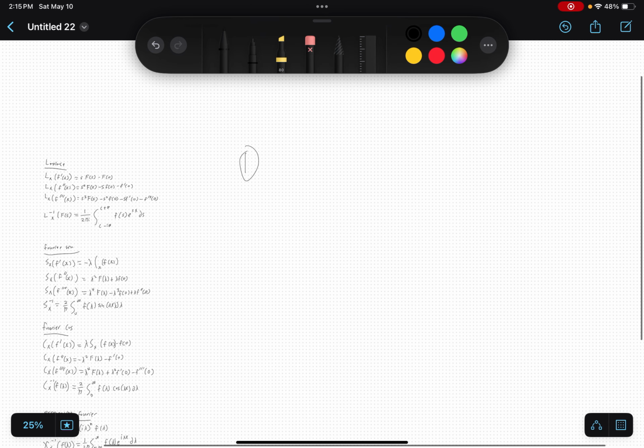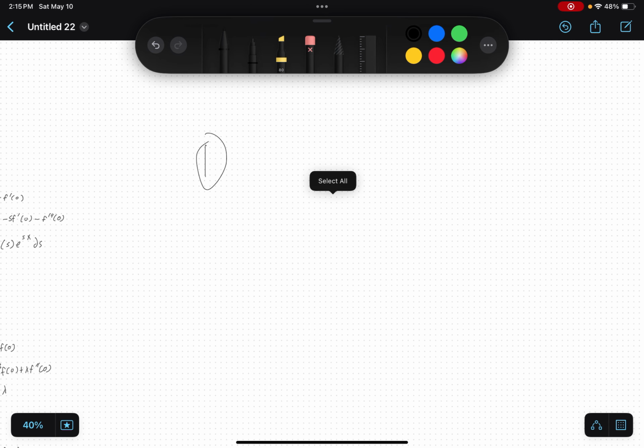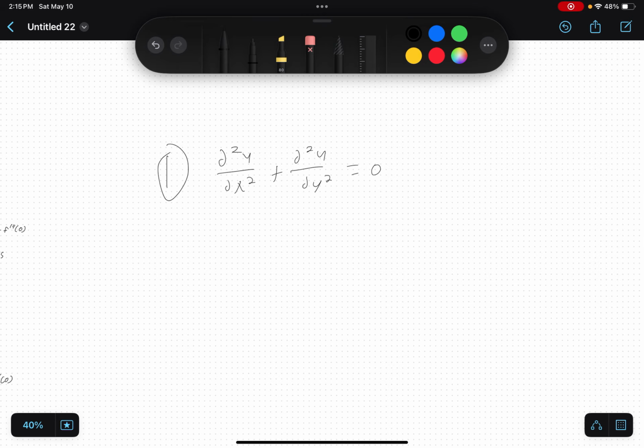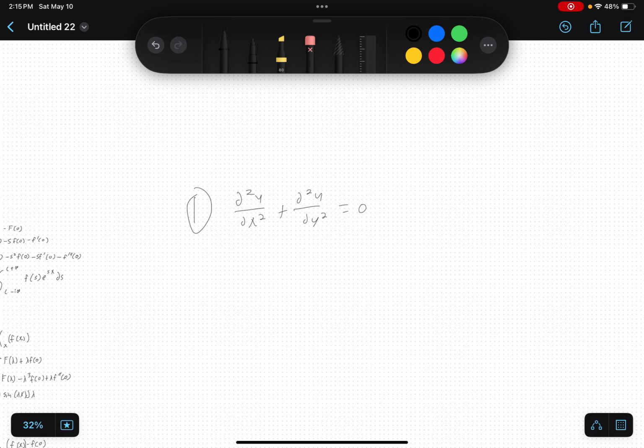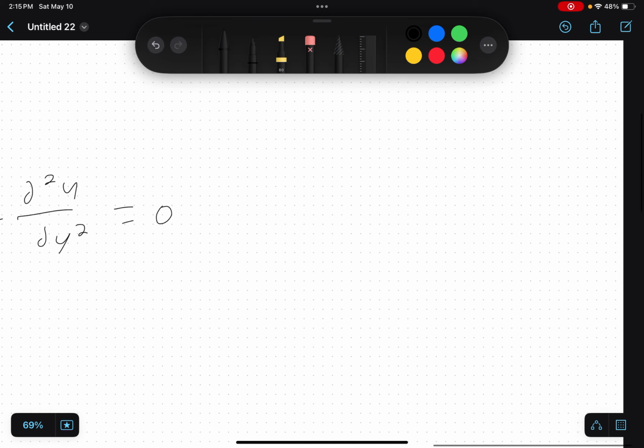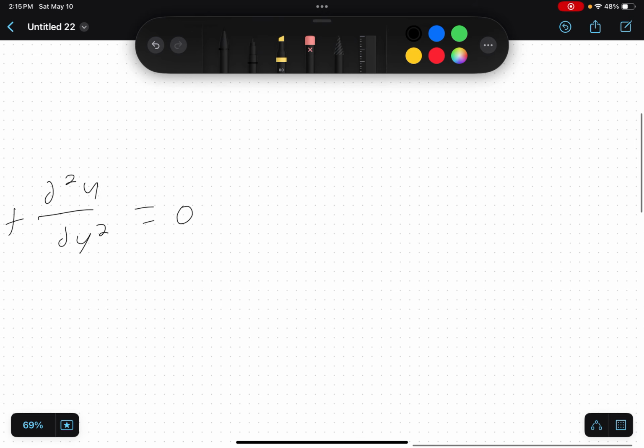Okay, problem one. Let's say we have d squared u dx squared plus d squared u dy squared equals 0. And we've got a couple of boundary conditions.